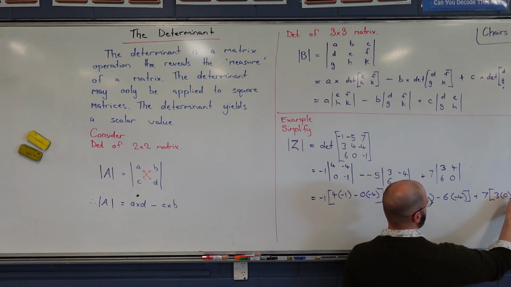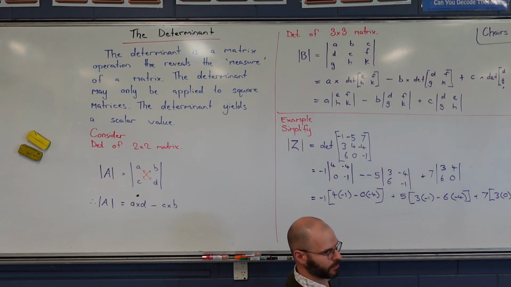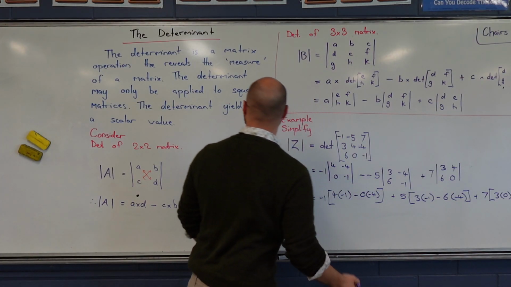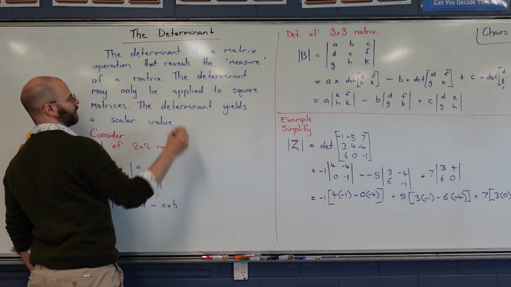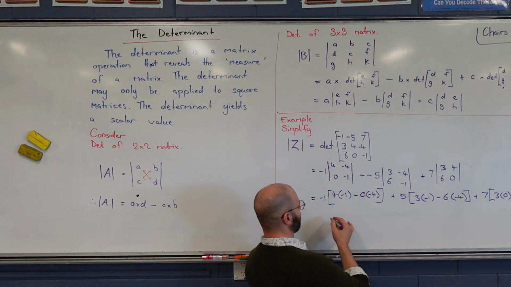Did I make a mistake? No, the definition. The matrix operation that reveals the determinant is a matrix operation that reveals the... Yeah, it's just simple grammar. Ah, my bad, yeah. You should know that. You need to apologize, Levi.